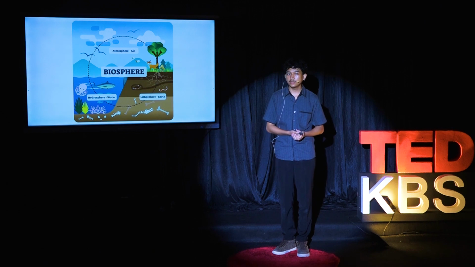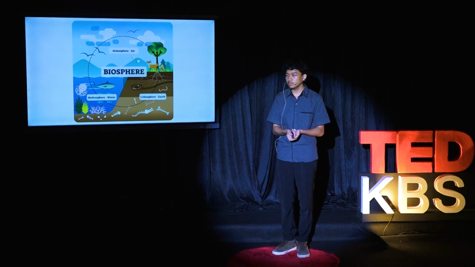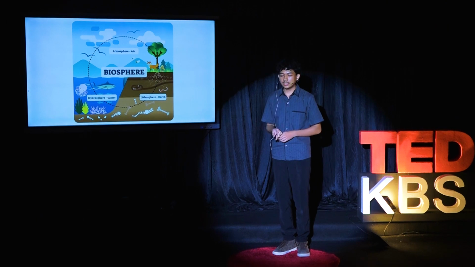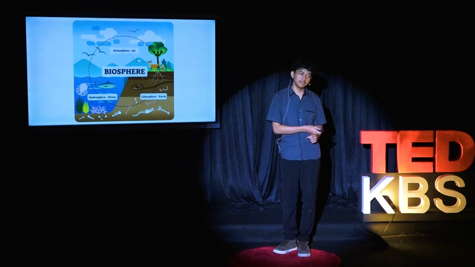Let's take one example. Deforestation. If we cut the forest, all the animals that live in it would lose their home. This would lead to a decline in plant and animal species, which can be called species loss. Additionally, tree removal also releases carbon to the atmosphere, which contributes to global warming.